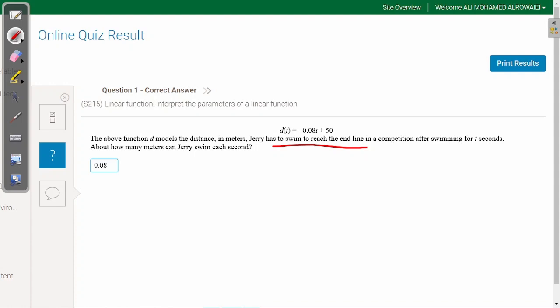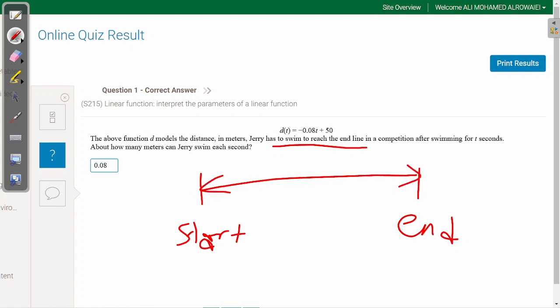So for example, let me draw it. This is the start, this is the end. Here at the start it's 0 seconds, which means this will be 0, so the distance left will be 50. So this whole thing is 50 meters. And then at 1, when you substitute the 1, you'll get 49.92.